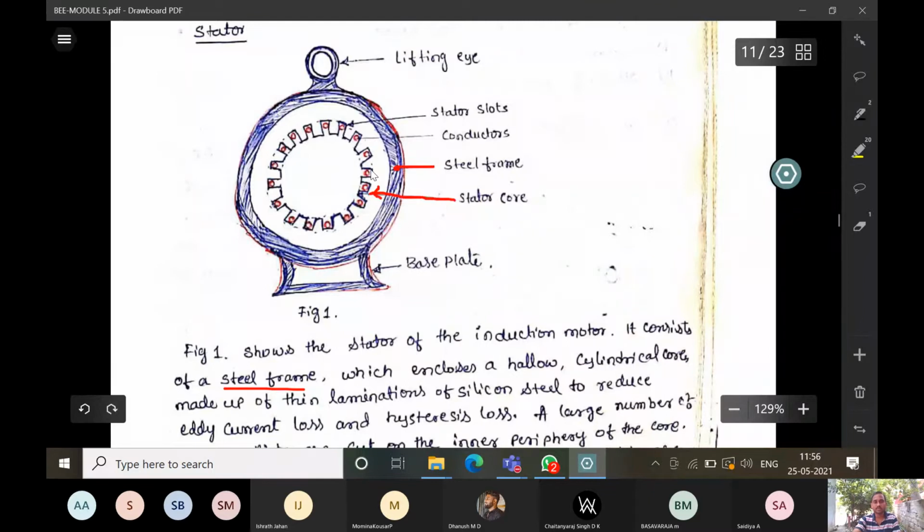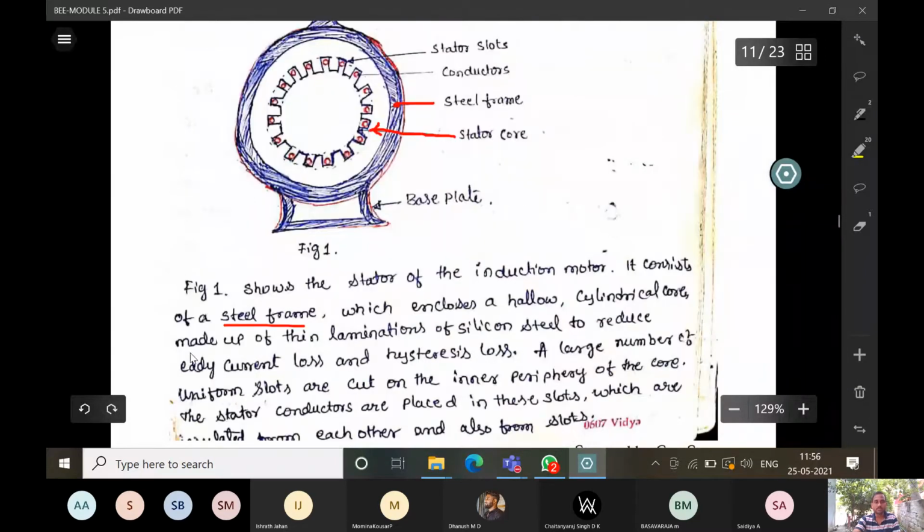The stator core has laminations, made up of thin laminations of silicon steel, to reduce the eddy current loss and hysteresis loss. A large number of uniform slots are cut into the inner periphery.